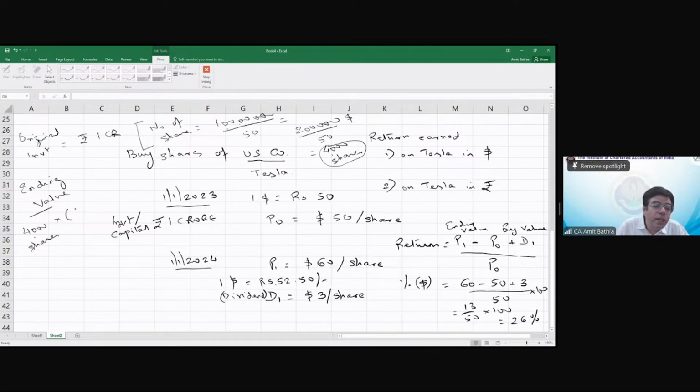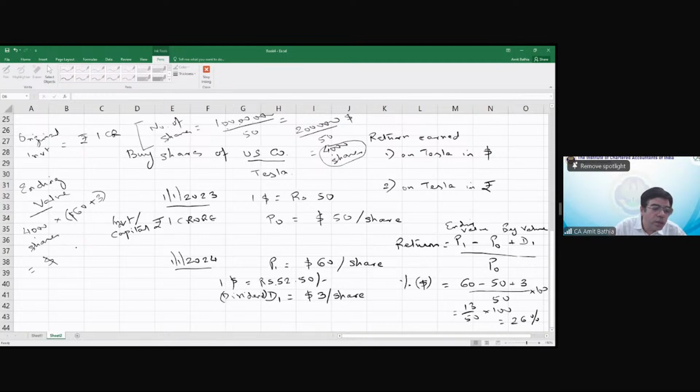Price at the end, P1, how much is it? The ending value in dollar terms is $60, right? Am I right? $60 plus $3 dividend you got? Yes or no? Yes, sir. So in total dollar terms, 4,000 into 63, how much is that amount? Can someone calculate, please?